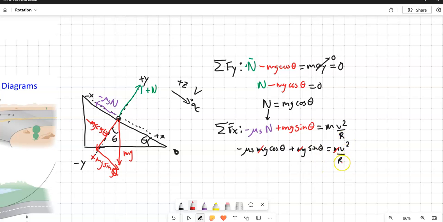And you can multiply both sides by r, so I'm going to multiply the entire both sides by that, and set that equal to v squared.